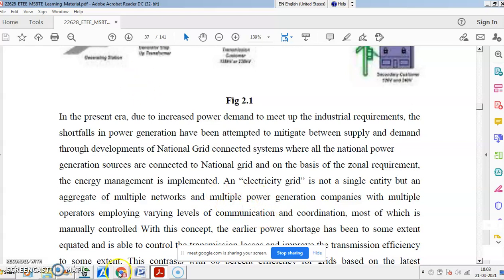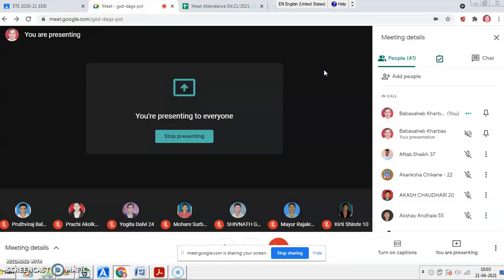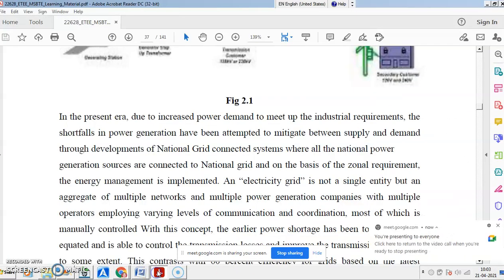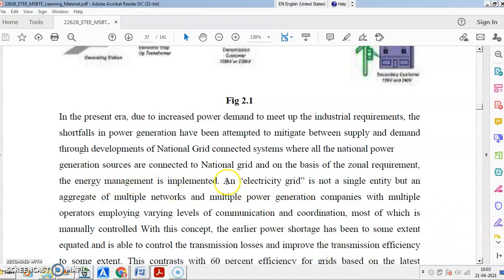An electricity grid is not a single entity, but an aggregate of multiple networks and power generation companies with multiple operators employing varying levels of communication and coordination, most of which is manually controlled.